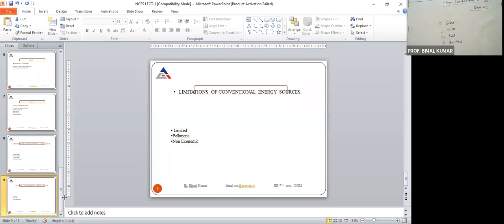Like these effects may be due to the fuel used for different types of the conventional energy sources. Fine. This question may be asked in other terms like advantages of the non-conventional energy sources.